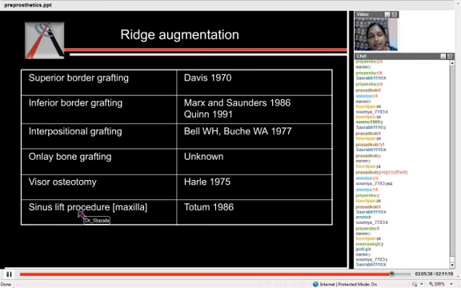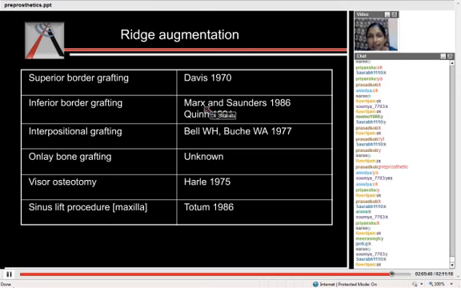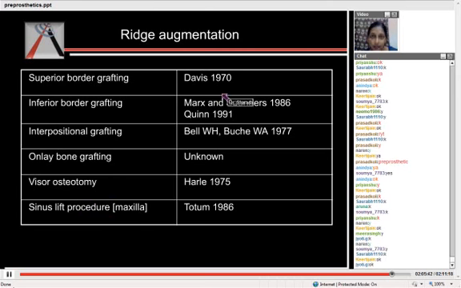And the sinus lift procedure is always done in a highly resorbed maxilla where the sinus floor is very close to the alveolar bone. In order to increase the height, this is usually done for implants. When you're placing an implant, you need sufficient length of bone.